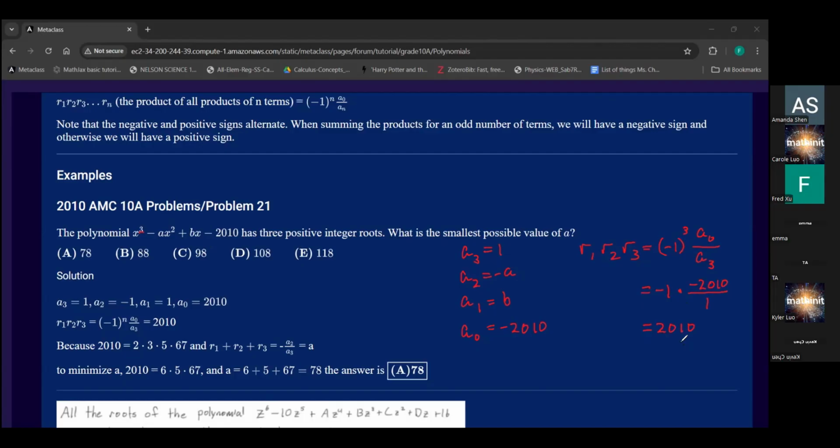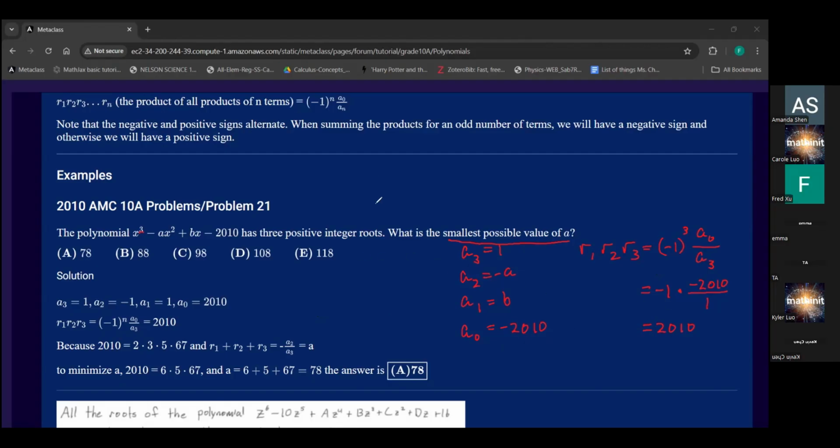Okay, and so we need to find the smallest possible value of a. The way we do that is, we still need to find another relation.